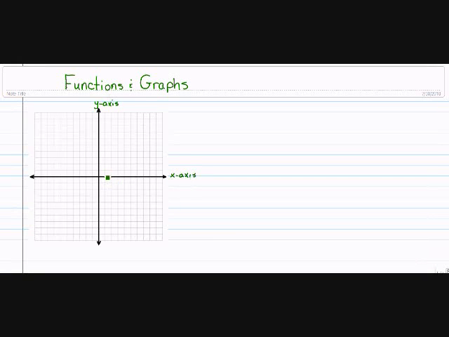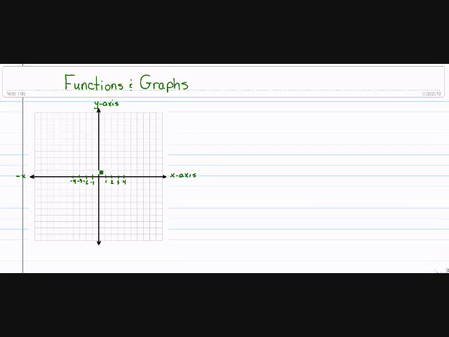Okay, if I were to number them, I have 1, 2, 3, 4, and so on. These are your negative x, so that's -1, -2, -3, -4, and so on.